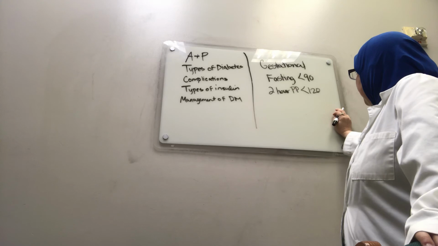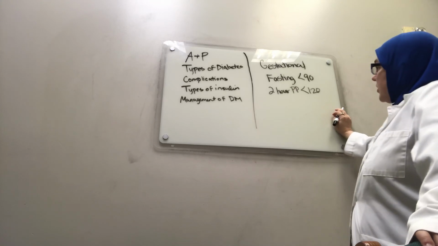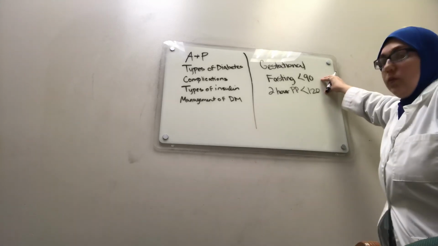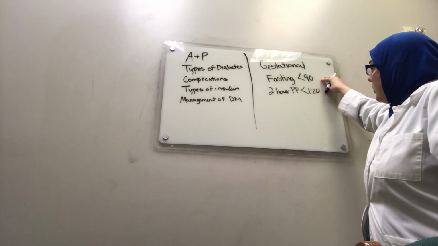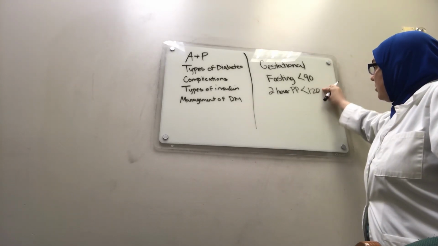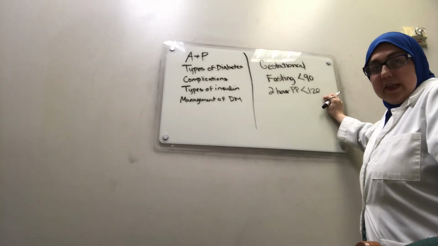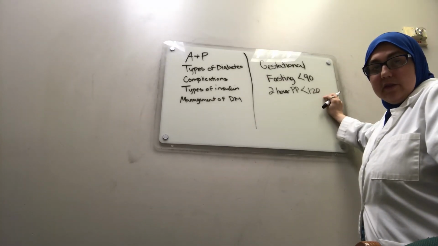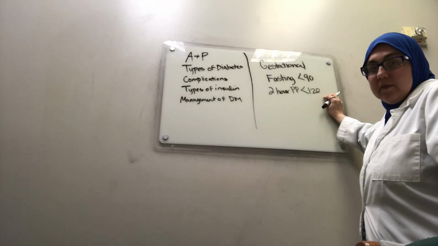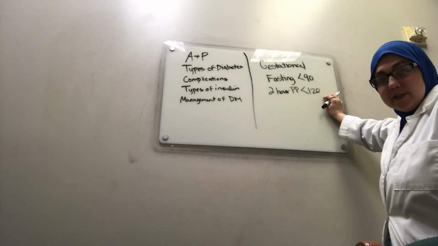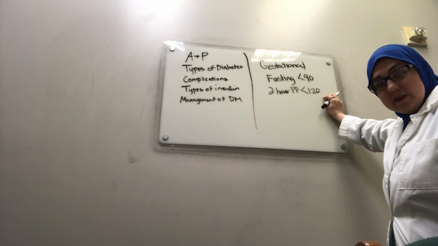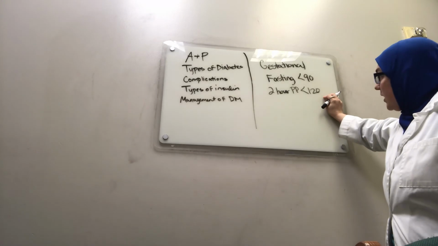So this is much more strict than what we usually will want our type 1 and type 2 diabetics to be controlled at. And the reason for this is because when the blood sugars are not as close to normal as possible, then it puts the infant at a very high risk of complications, including stillbirth, premature delivery, large for gestational age, which increases the risk of cesarean section, all kinds of things like that.